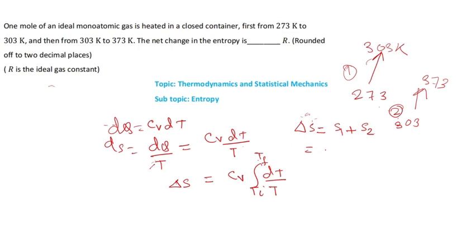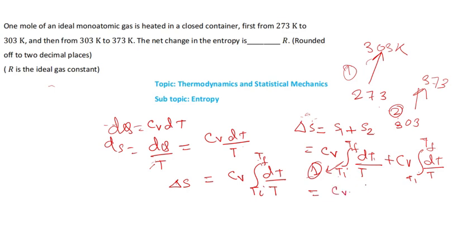So for S1 we can write Cv integral of dT by T from Ti to Tf for this step 1. Similarly for step 2 we can write Cv integral of dT by T from Ti to Tf.